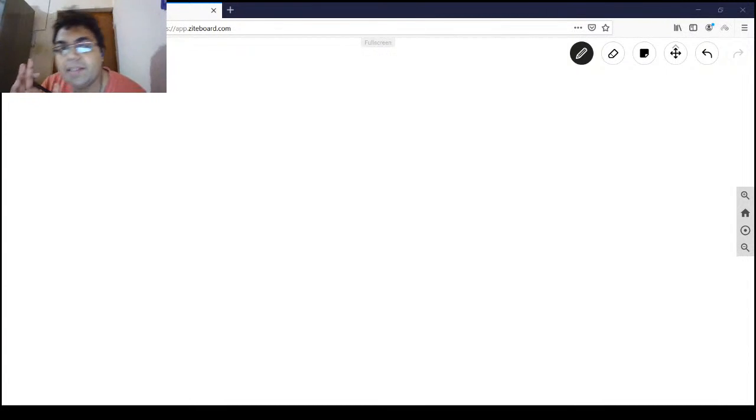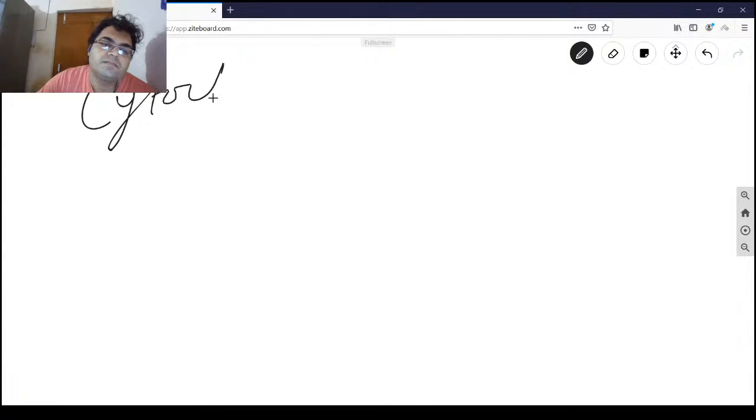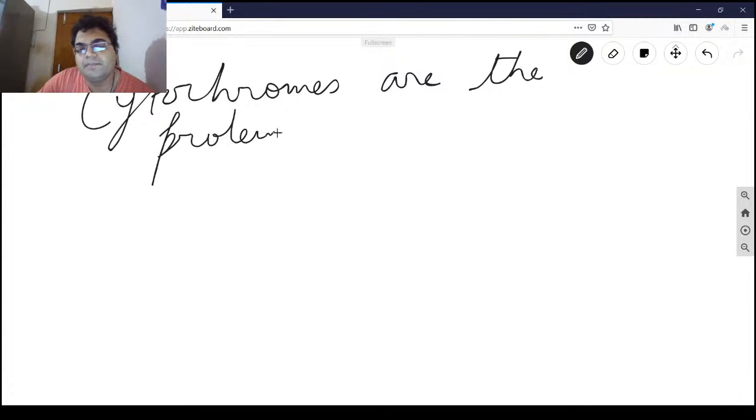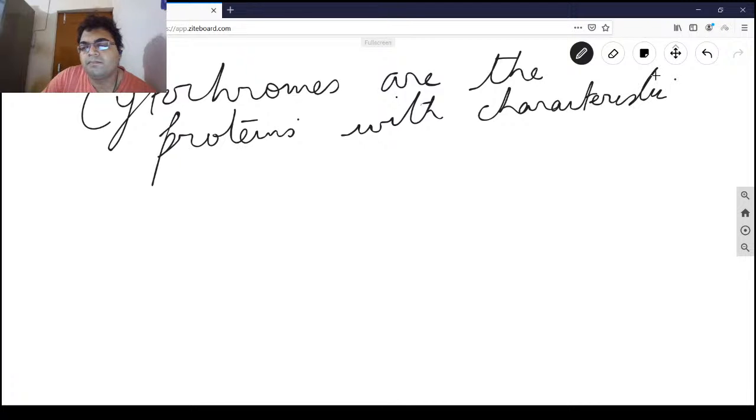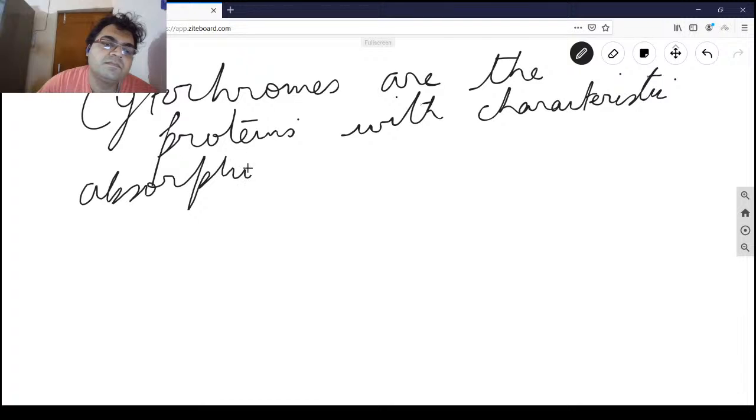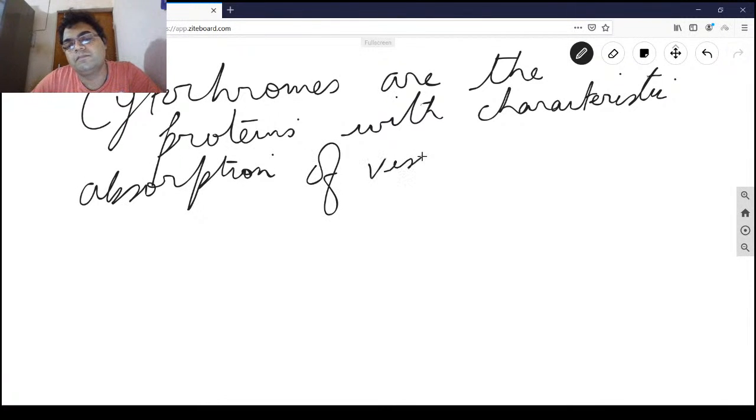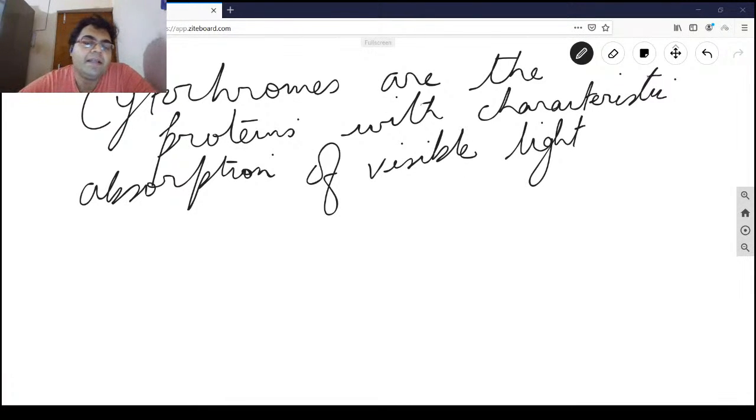You know that cytochromes are proteins with characteristic strong absorption of visible light, meaning they have a specific absorption maximum.